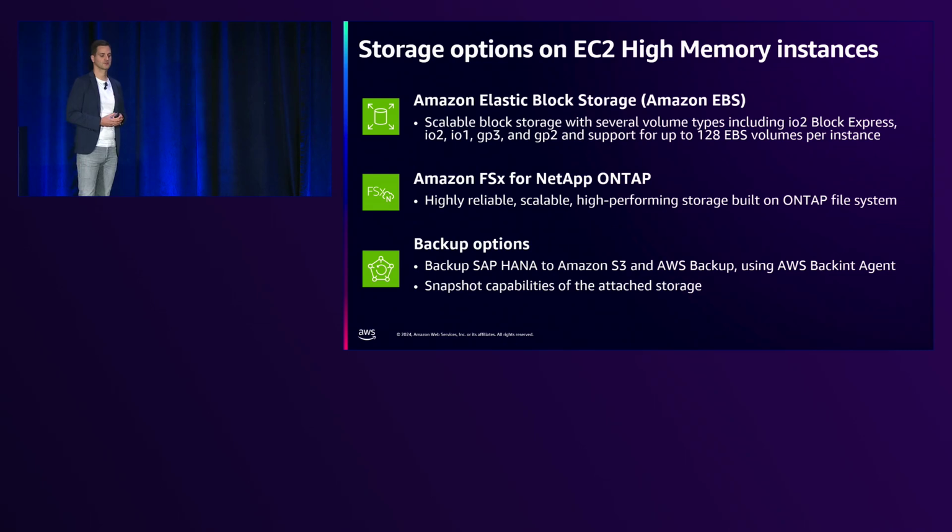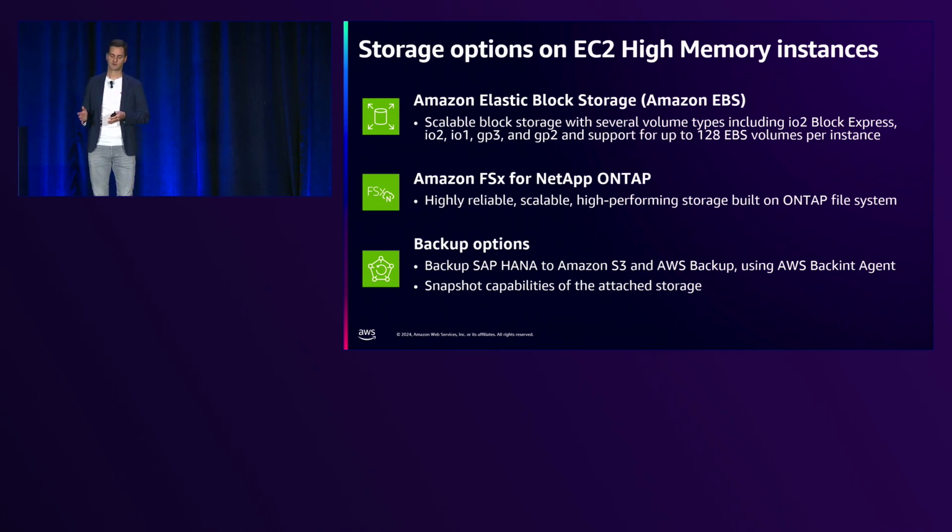The second option is Amazon FSx for NetApp ONTAP, which provides you the NetApp features in the cloud, which you might know from your on-premise experience. So you can use, for example, SnapMirror to replicate your data from one location to another, or FlexClone for system refreshes.